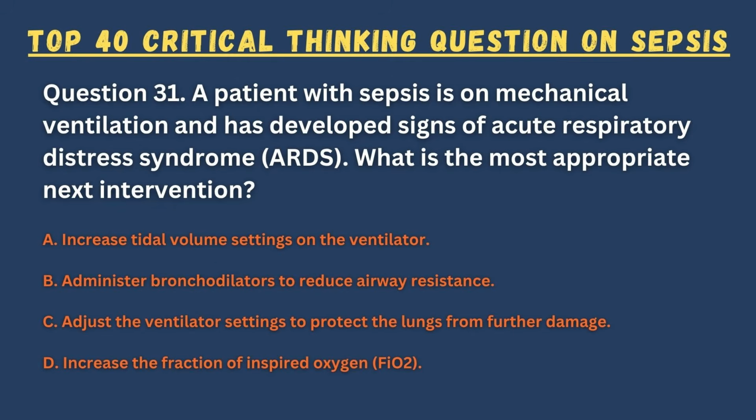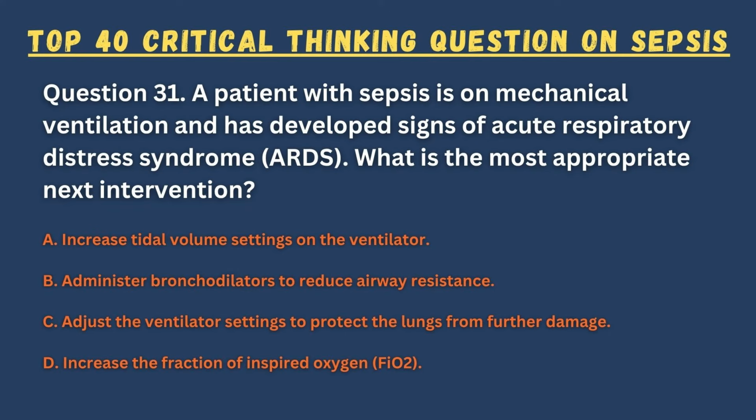Question 31. A patient with sepsis is on mechanical ventilation and has developed signs of acute respiratory distress syndrome (ARDS). What is the most appropriate next intervention? A. Increase tidal volume settings on the ventilator. B. Administer bronchodilators to reduce airway resistance. C. Adjust the ventilator settings to protect the lungs from further damage.